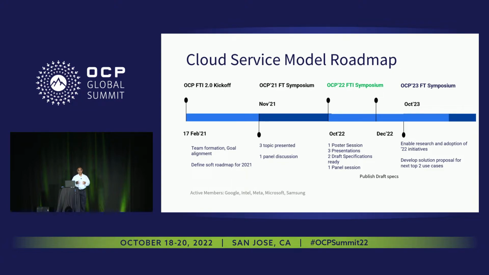Now we spent a lot of time driving into the details of those concepts, and finally we are able to create 2 specifications. One is really a specification, another one is a white paper. And today we're going to have all those details in our breakout sessions. And also we're going to have a panel with more forward-looking discussions.